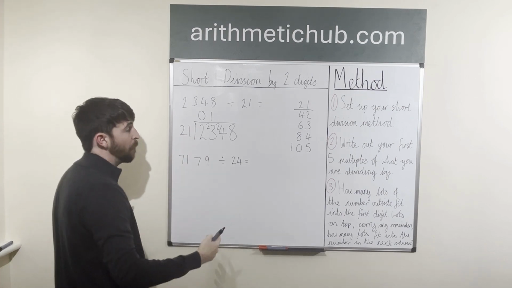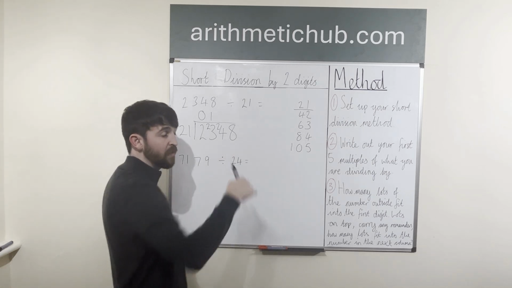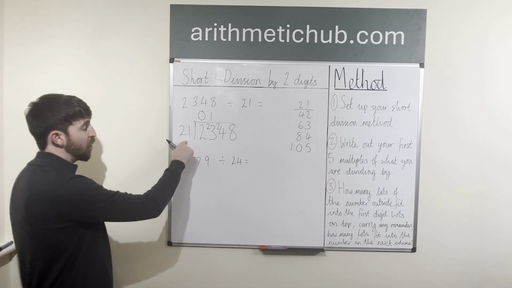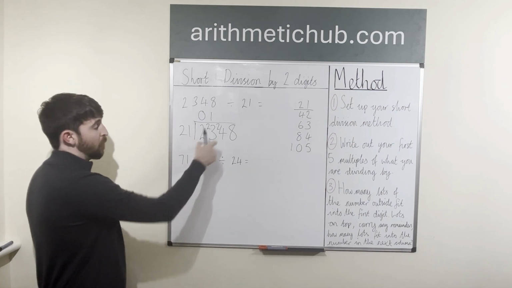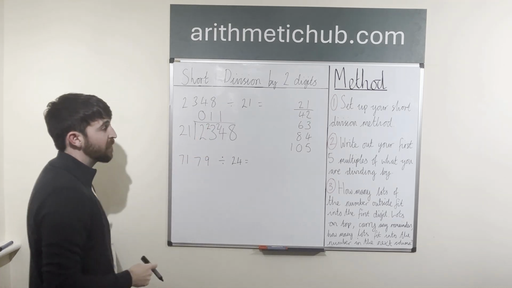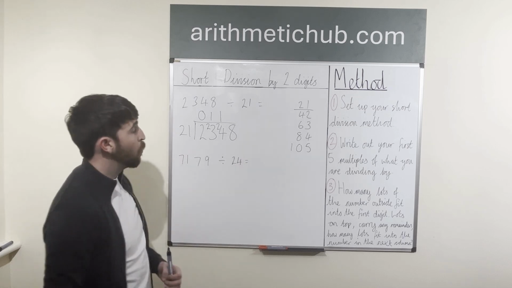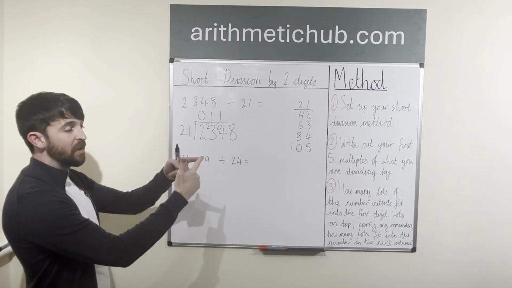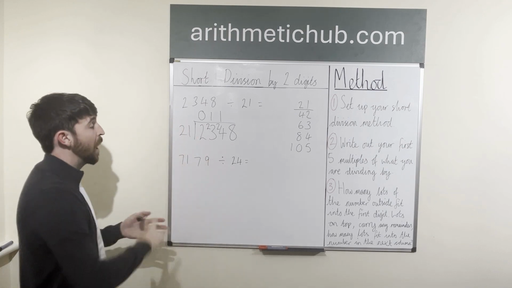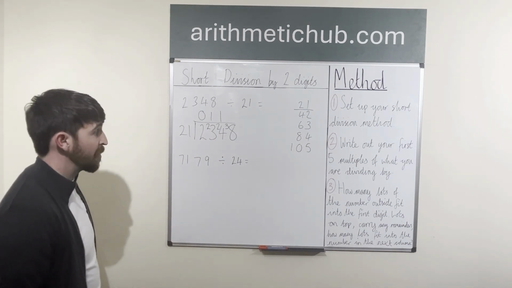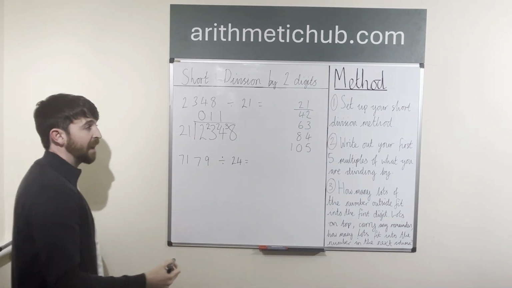We have to stop at 21 because we can't go to 42, that's too much. We've only got 24. Now we've stopped at 21, what do we have to add to 21 to get to 24? 22, 23, 24. I've added 3 more. So that's what we carry over to our next column.